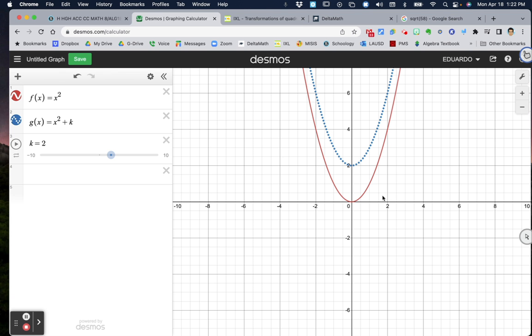The vertex, remember we call that the vertex? So the vertex and everything else went up to 2. What would happen if I shift this over to 6? If I make it x squared plus 6, what's going to happen to our graph?